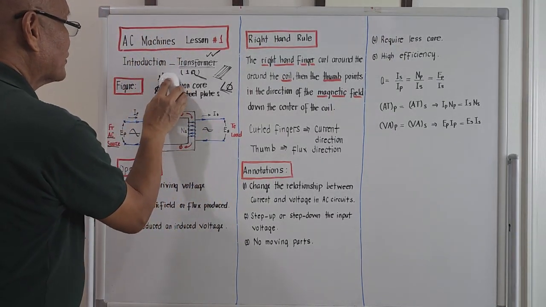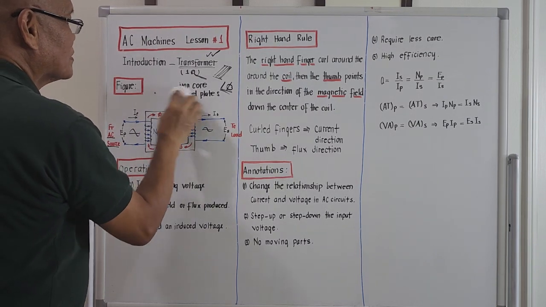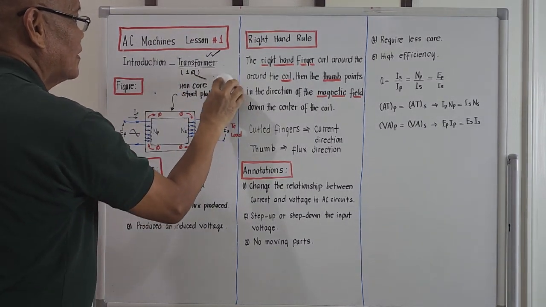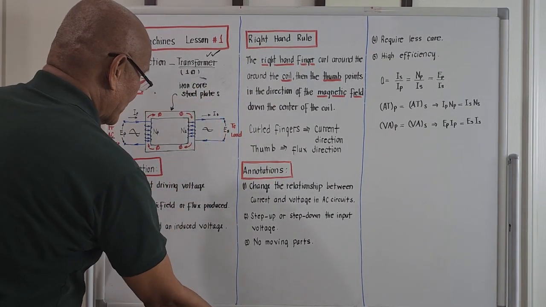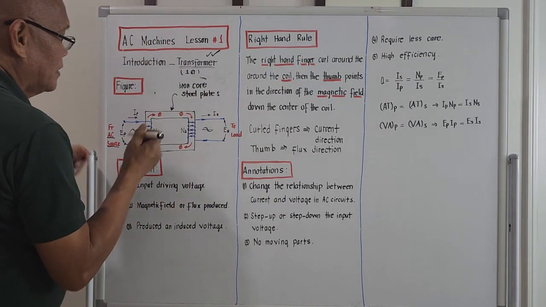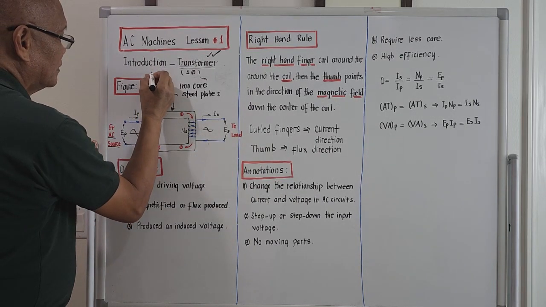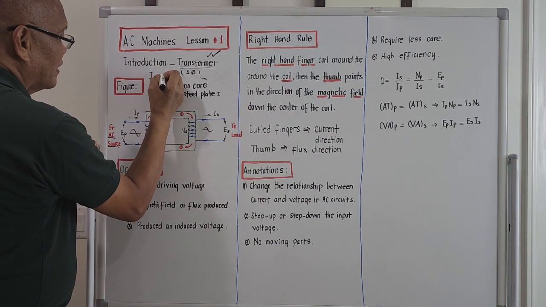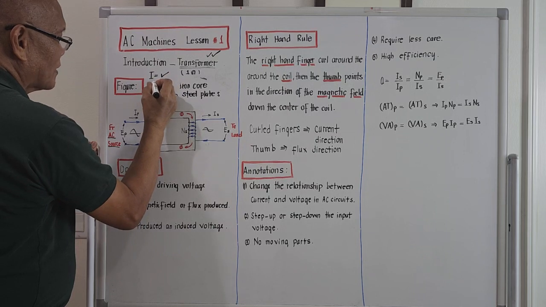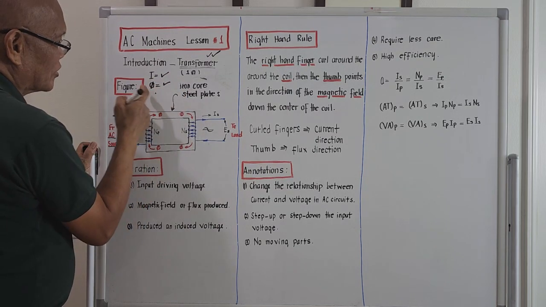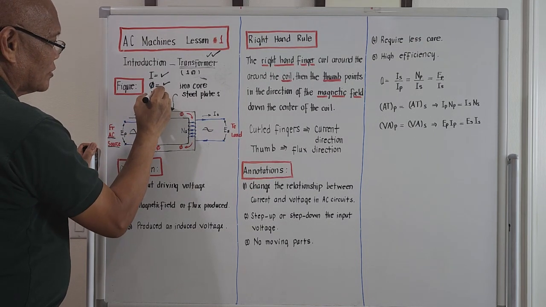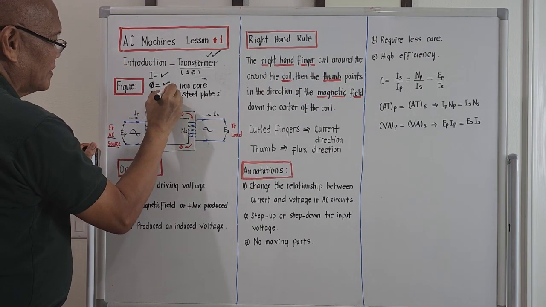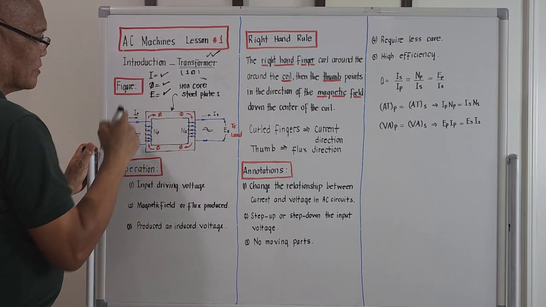I will erase the other ones so it will look nice. There should be a current I and there should be a flux so that we can produce an induced voltage. These are the three requirements.